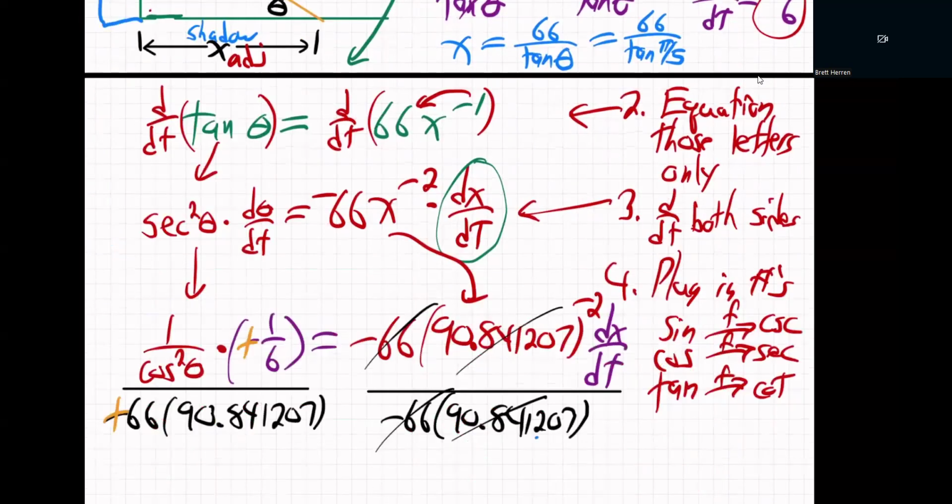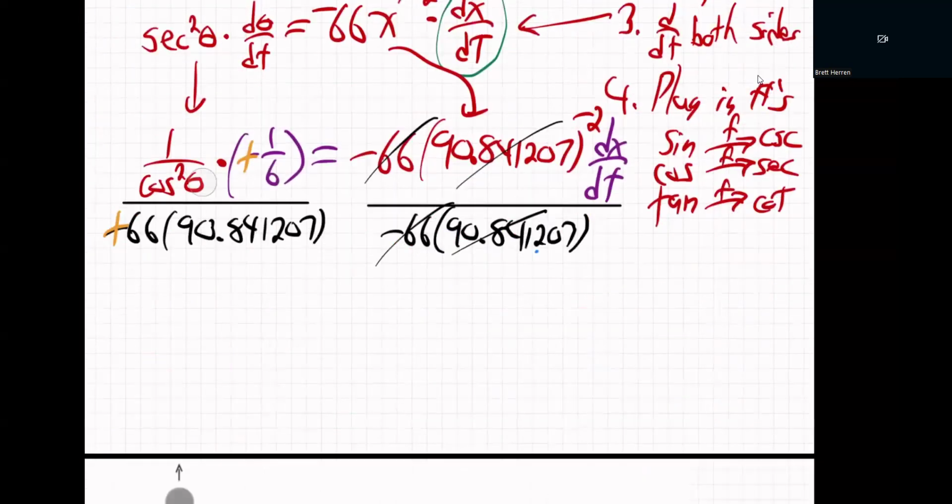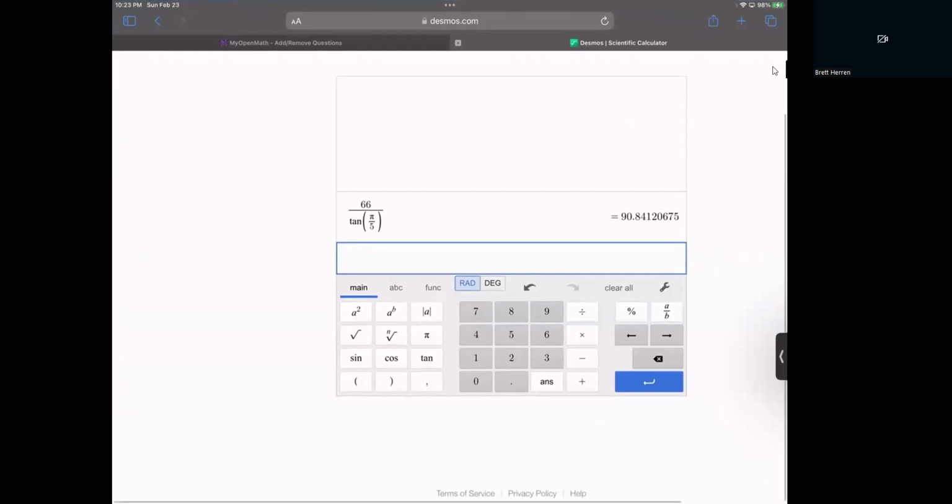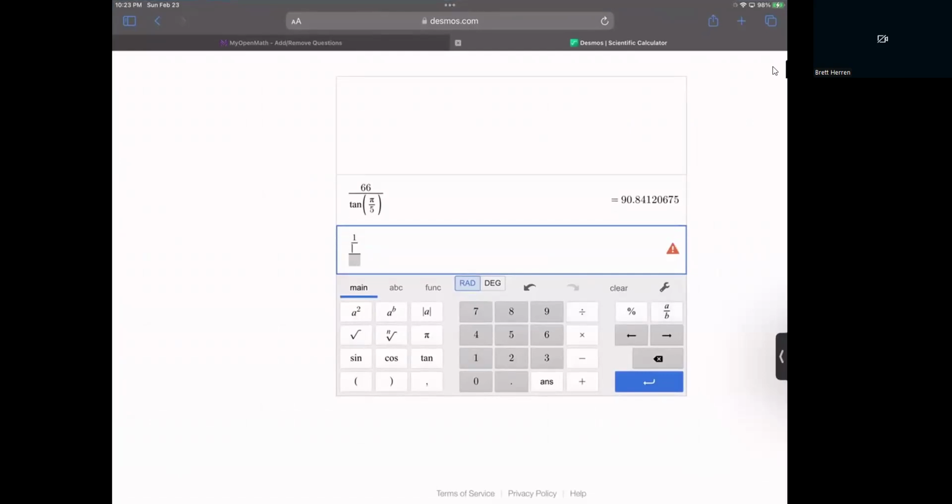So let's pop that in there. Right there, pi over 5. Good. To Desmos we go. All right, 1 over cosine squared of pi over 5. Wait, let me back up. I have to square this.